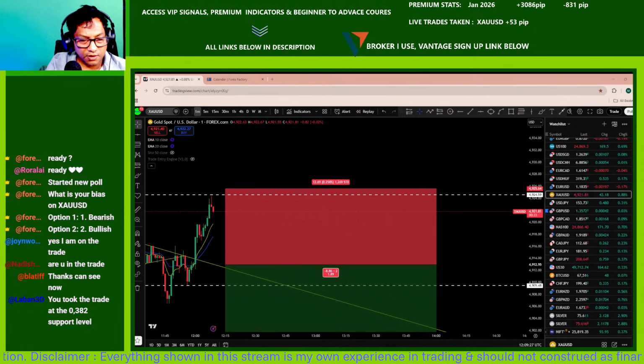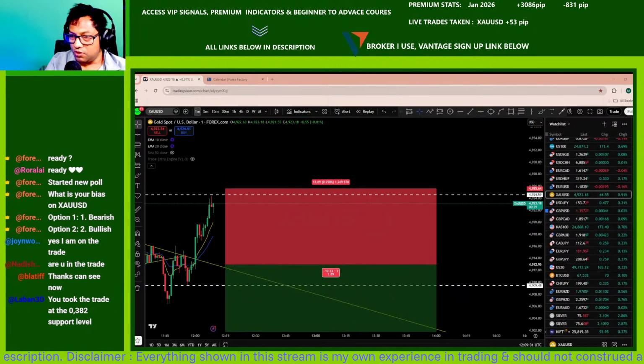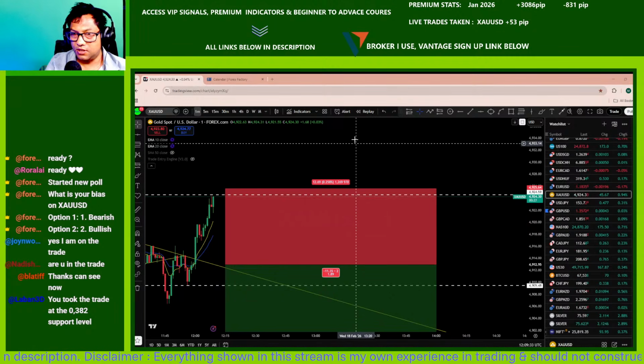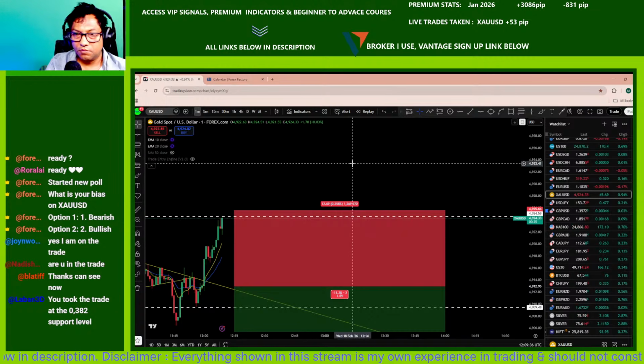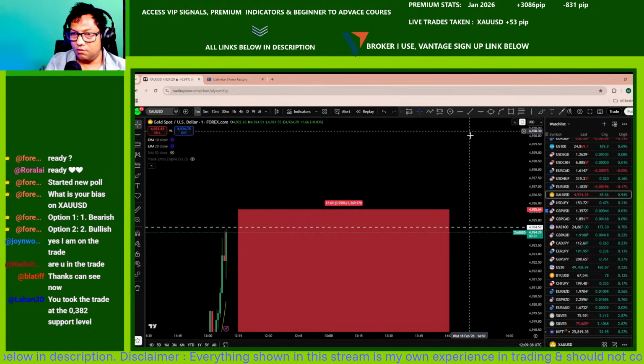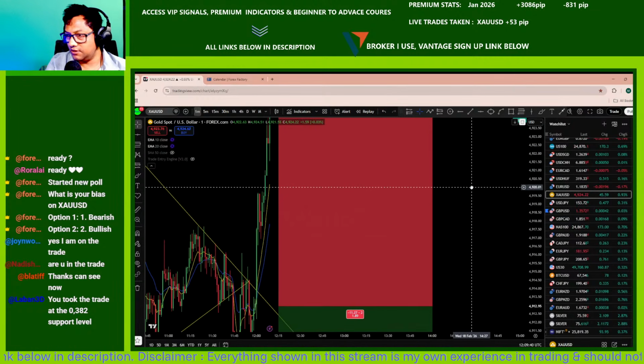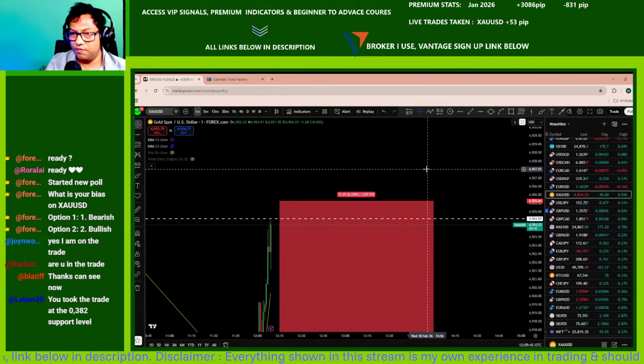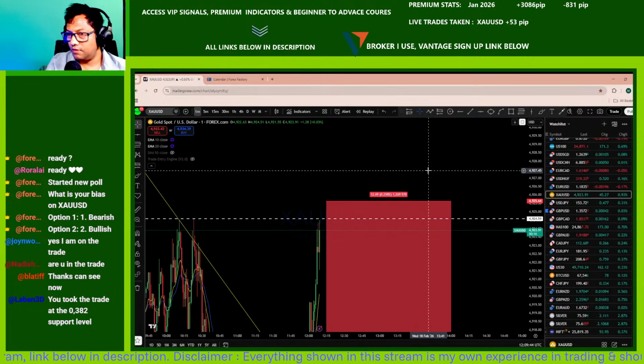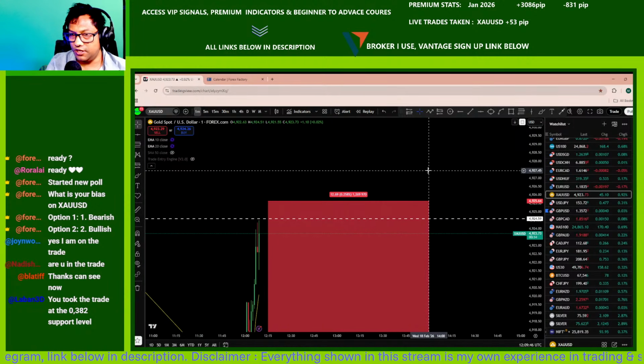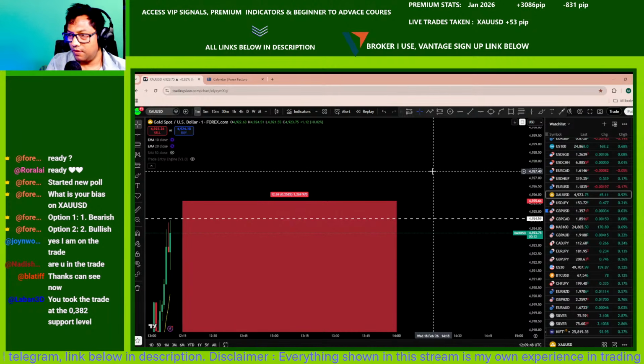It took the trade at 0.3828 support. What kind of support is that? This is my entry level at 4912.95. Might consolidate here for a bit more time.